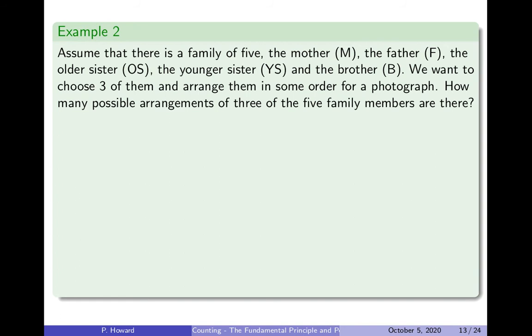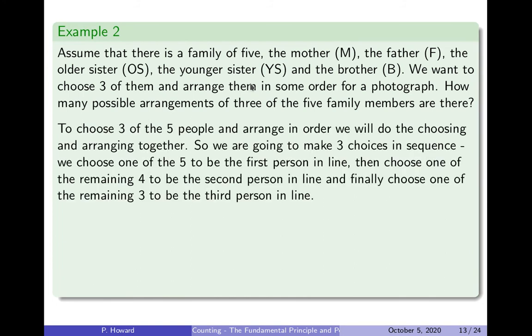How many possible arrangements are there of 3 of the 5 family members? So we are going to do the choosing and arranging all together.